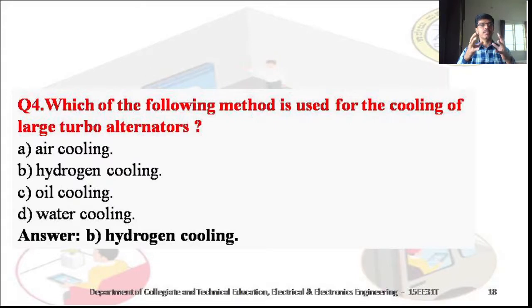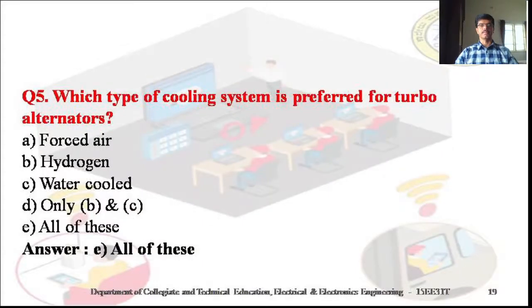So therefore, air cooling, oil cooling and water cooling cannot fulfill the conditions of cooling. So therefore, hydrogen cooling is the better way of giving the cooling system for large turbo alternators.